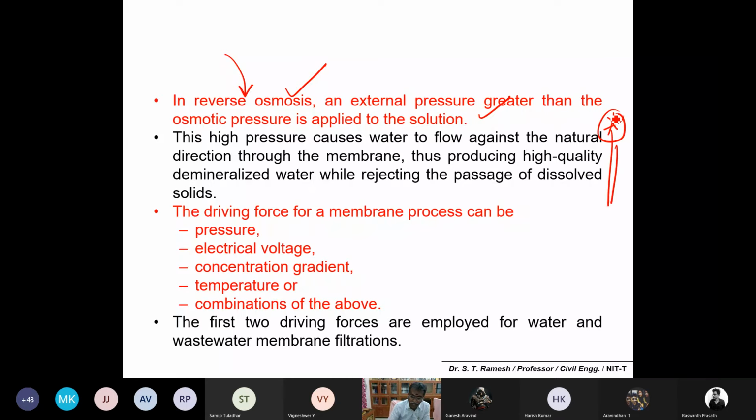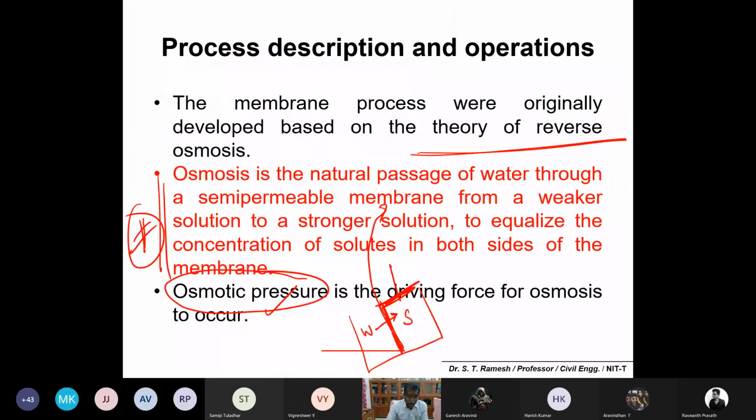Something is important. Please understand that all the filtration theories initially started with the osmosis theory. Osmosis theory is very simple. Two solutions, weaker and stronger, are separated by a semi-permeable membrane. So automatically the ions will pass from the weaker solution to the stronger solution, thereby equalization happens.